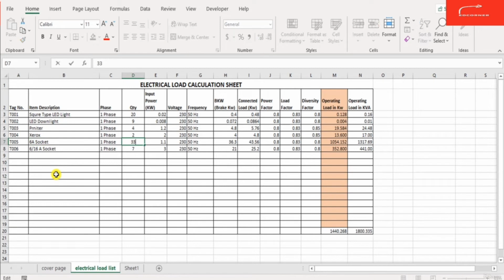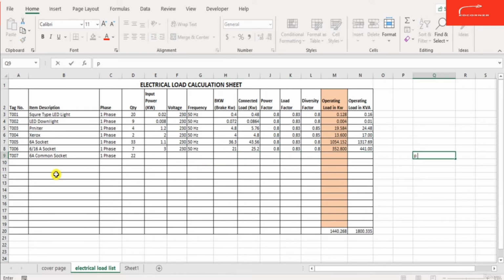So I will mention the tag number 007, that is the 6 ampere common socket required for the power. So that is 22 numbers, and for the power requirement, as we calculate the power input for the 6 ampere socket, I will calculate it again.